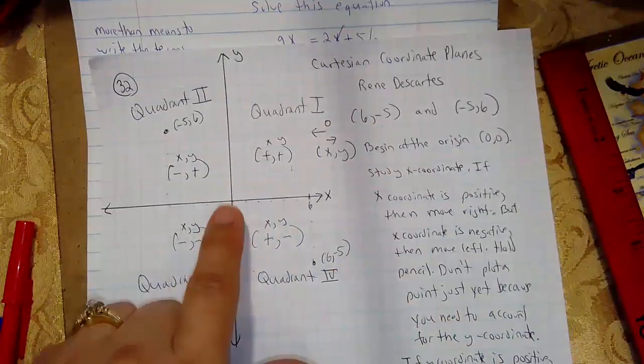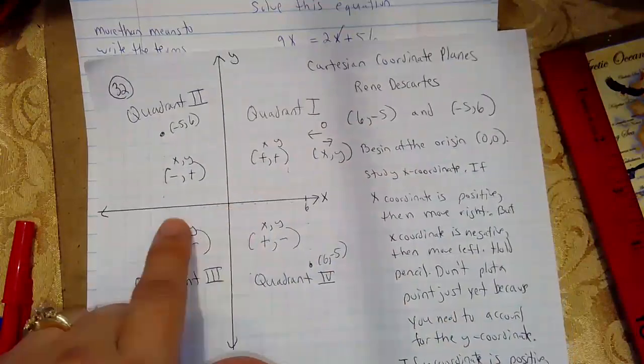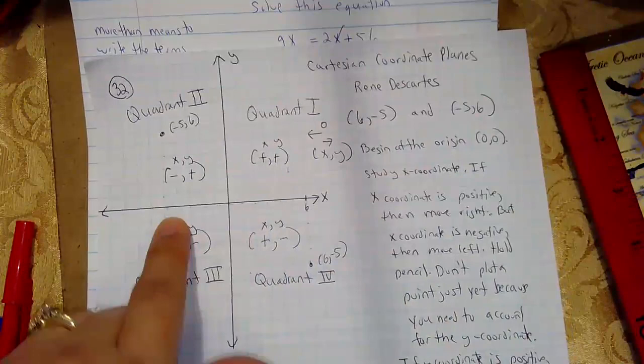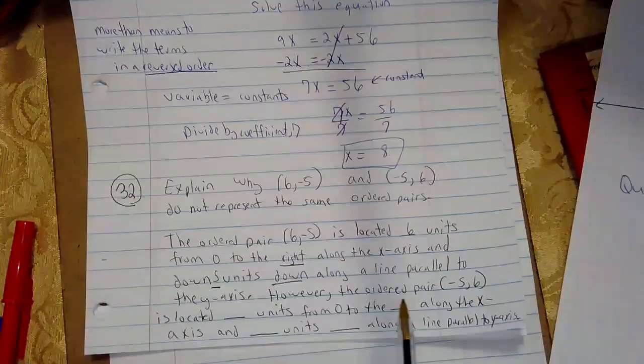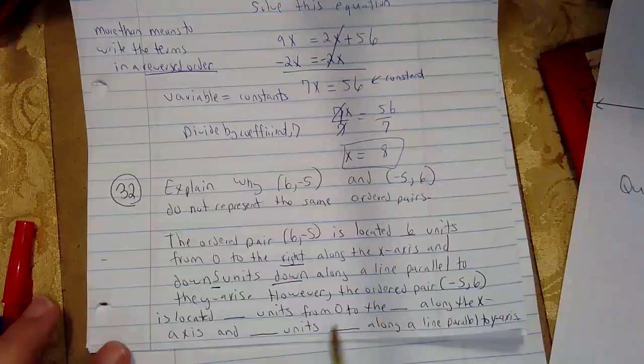All right, so then to fill in the blank with that point negative 5, 6, see how we had to go to the left, negative 5, and then we had to go up. So let's see what they want here. However, the ordered pair negative 5, 6 is located blank units from 0 to the blank.